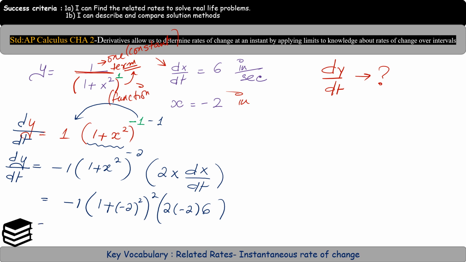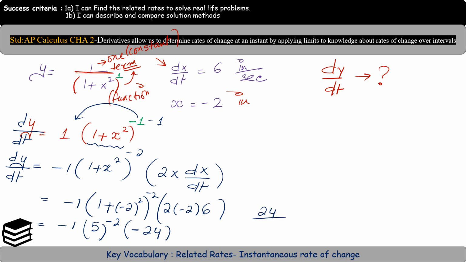Now solve. So -1 times 2 times 2 square, that is 4, 4 plus 1 is 5. And here you will have 5 to the power -2. And -4 times 6 gives you -24. -24 times -1 gives you 24.